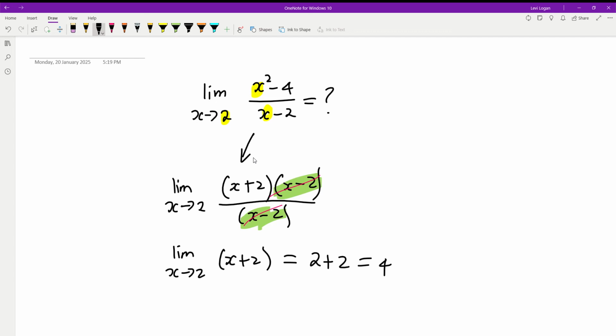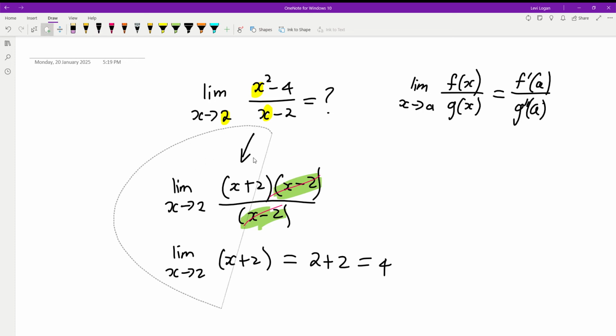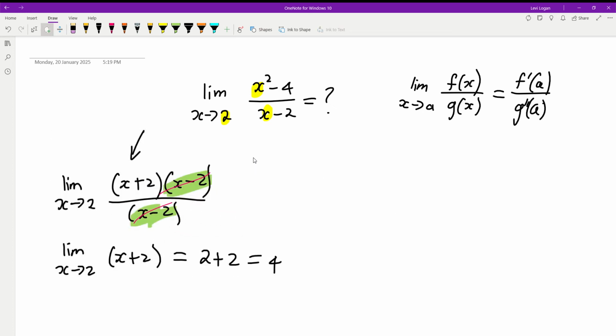Now L'Hopital's rule basically means the limit as x approaches a of f of x over g of x is the same as f dash of a over g dash of a. So basically the derivative of the top function and the bottom function at that particular point you're trying to find the limit of. Let's test it with this example here and then we'll look at the proof.